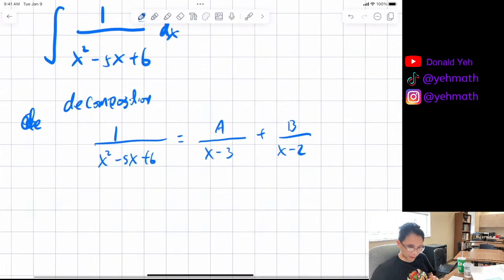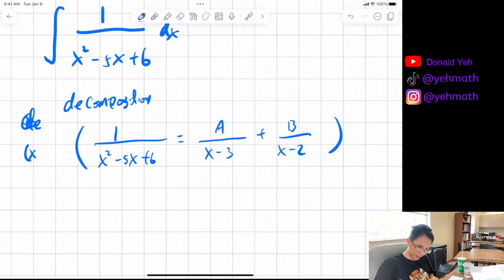So what you can do is multiply both sides to get rid of the fractions. Multiply both sides by x minus 3 and x minus 2. On the left side it's going to be equal to 1, because you can FOIL together, that's equal to 1. Is that okay?